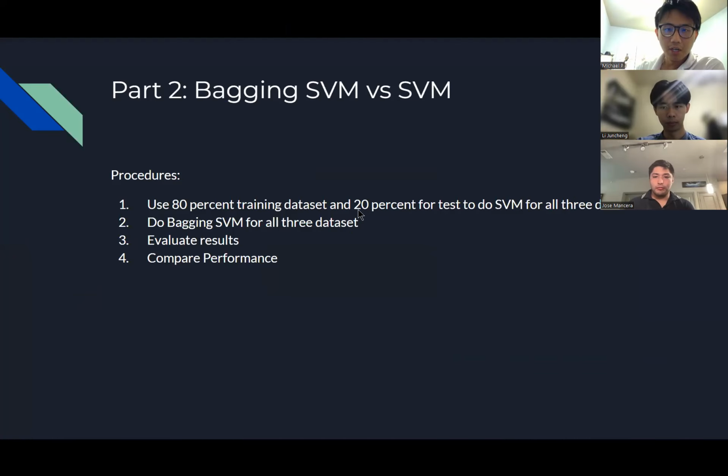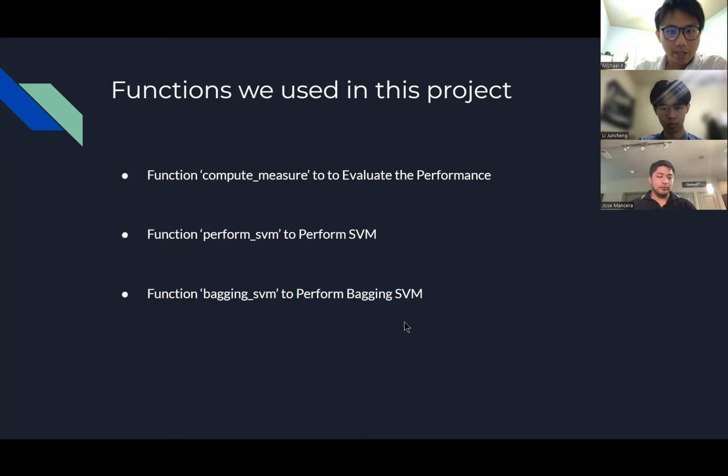All right, cool. So what we did here is, since we have 3 different data sets, we want to declare a function instead of doing the whole method over and over again. So what we have here is we're using the support vector machine and also the one with the bagging method right here.